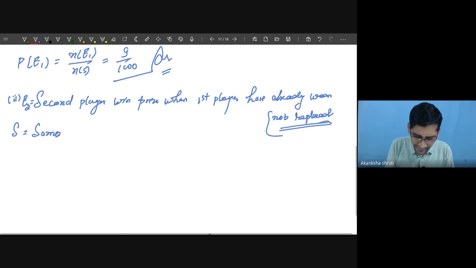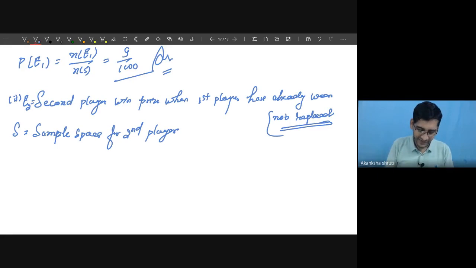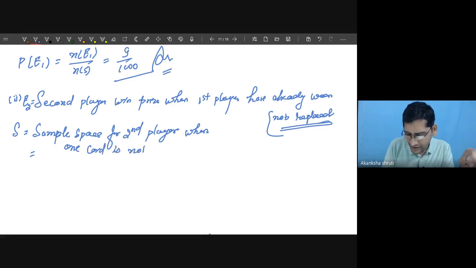Sample space for second player is, since one card is already removed or not replaced, that is one card removed.